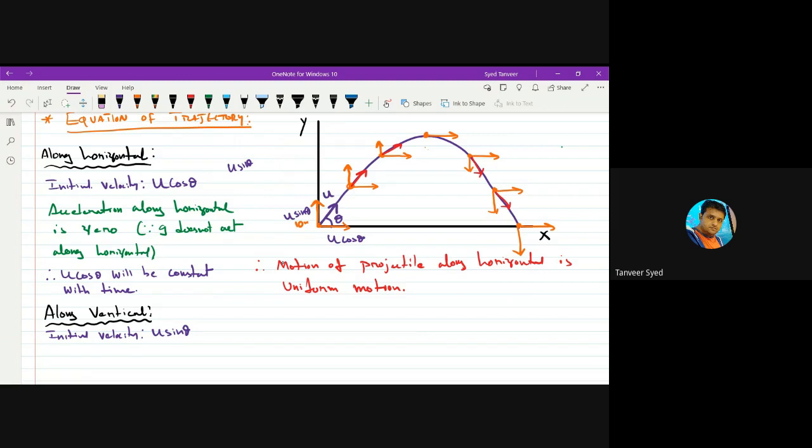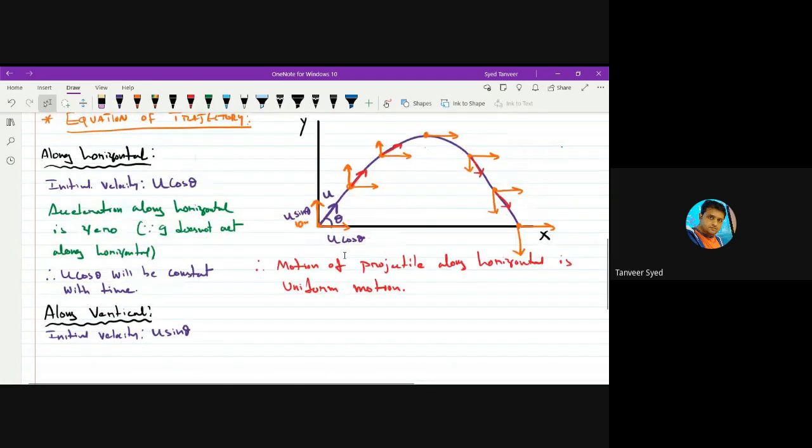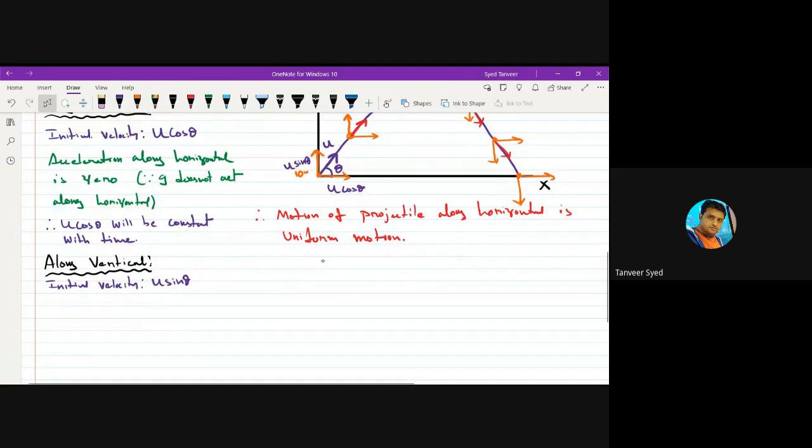Which equation can we apply to study vertical motion of the projectile? I can apply h is equal to ut minus half gt square.